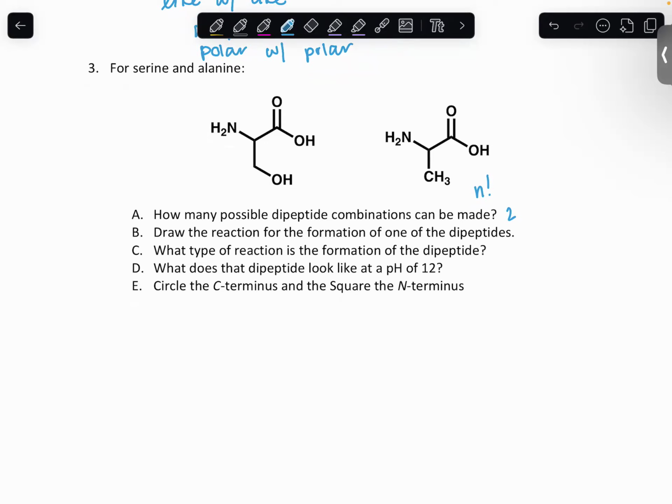Condensation is one. Yes, condensation. Acidification. And the last one is kind of in the name. We'll make a peptide bond.